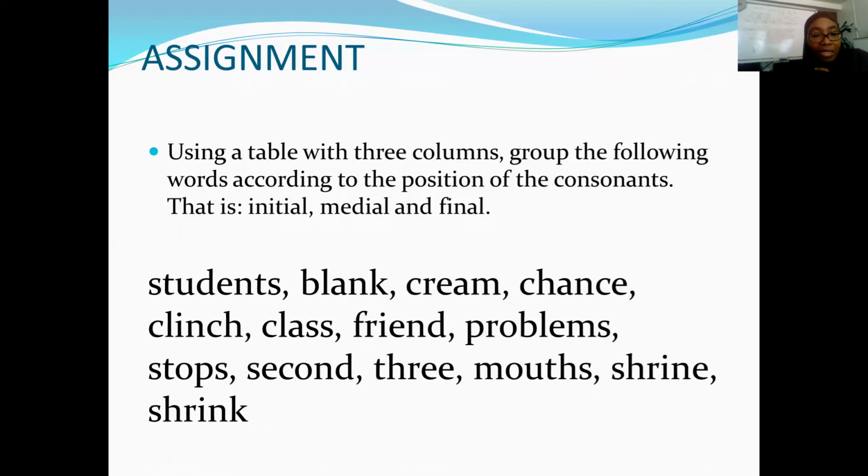If a word has 2 or any clusters at the beginning, it should be in the initial column. If it has them in the medial as well, then you put the same word in the initial and also in the medial. That's how you're going to take the rest of the words. You have to draw a table with 3 columns and group the words according to the position of the consonants: initial, medial, and final.